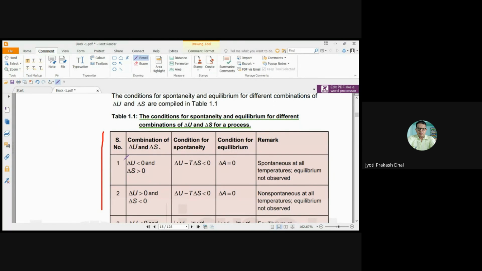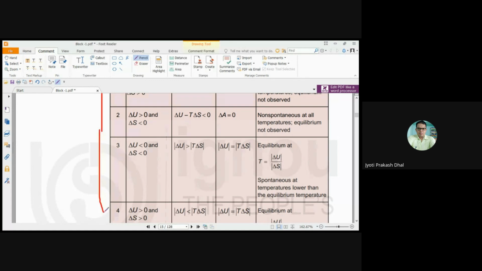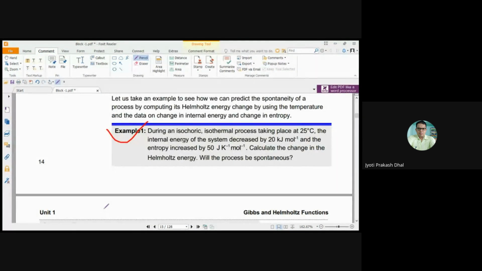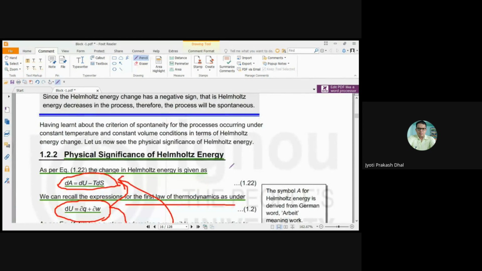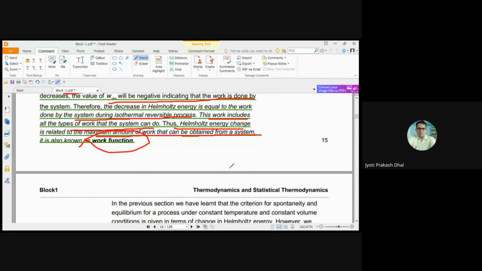All these discussions are summarized in table 1.1. So that deals with the criteria for a spontaneous process, and that is called Helmholtz energy, and the change in Helmholtz energy is also called the work function.